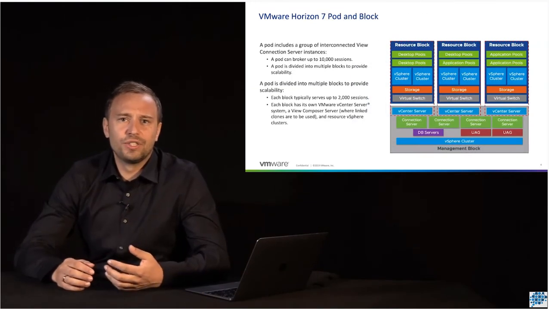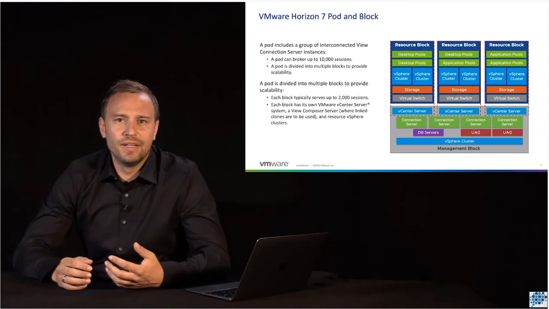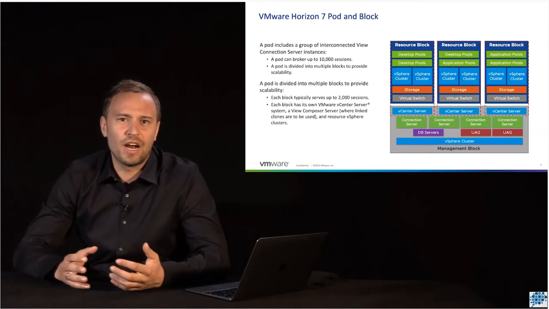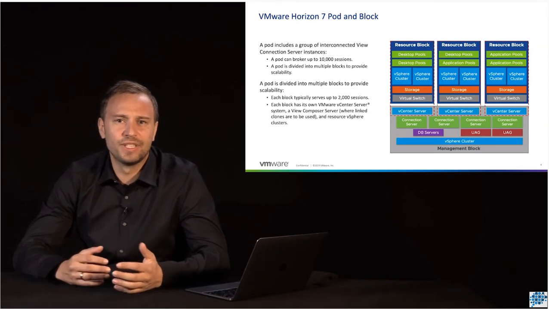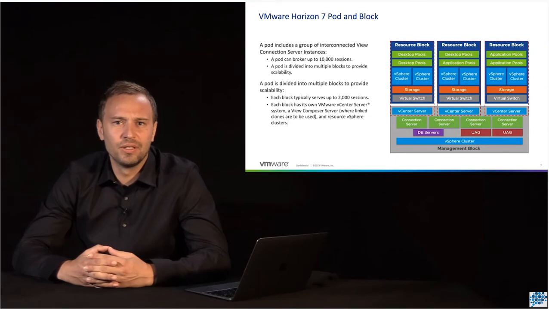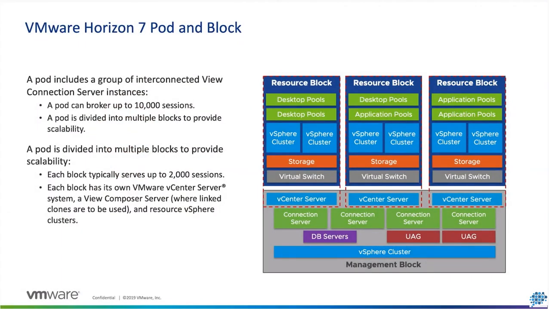When we talk about doing a logical design, it came up that best practice for a large-scale Horizon or virtual desktop infrastructure is to create a scalable design approach. And what we use here is the so-called Cloud Pod Architecture. What does it mean? We differentiate between the management block and the resource block.